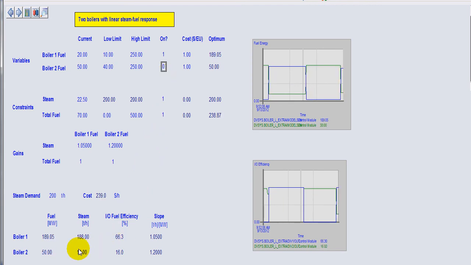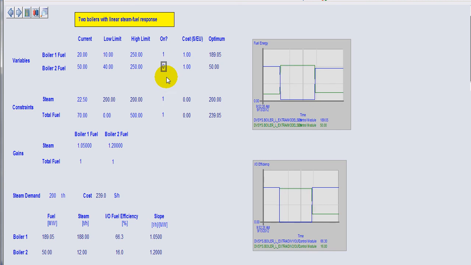By taking away one boiler, we can see the impact on the cost of steam generation. With the lower incremental efficiency, our cost is higher than it is with both boilers online.